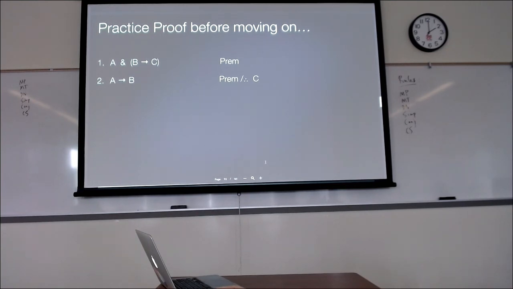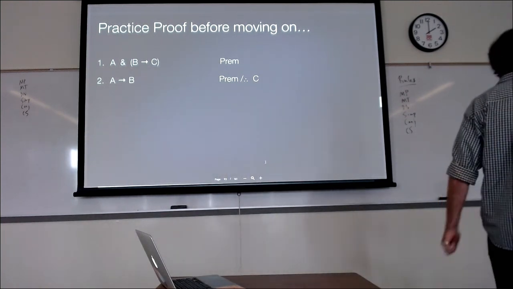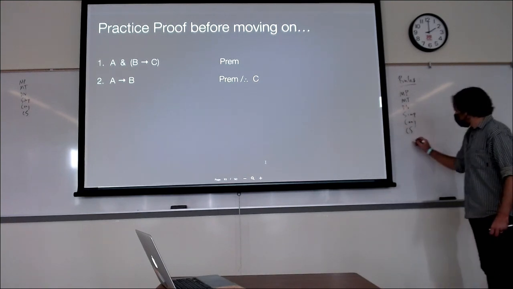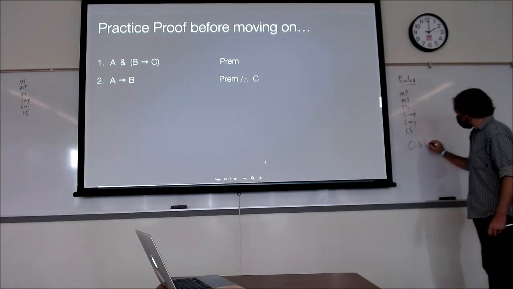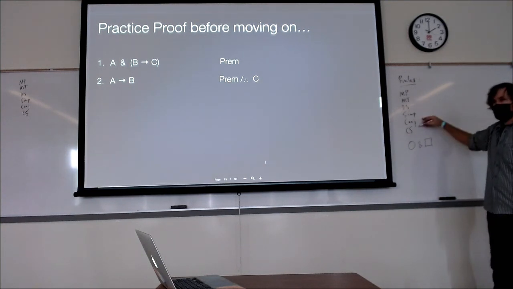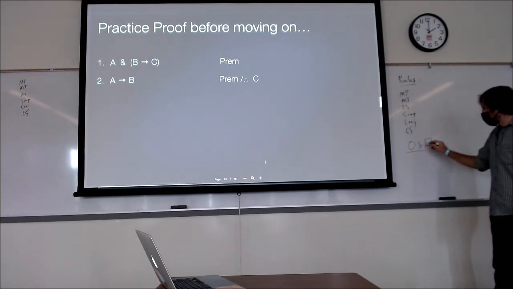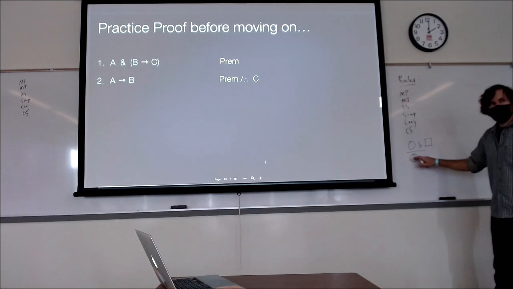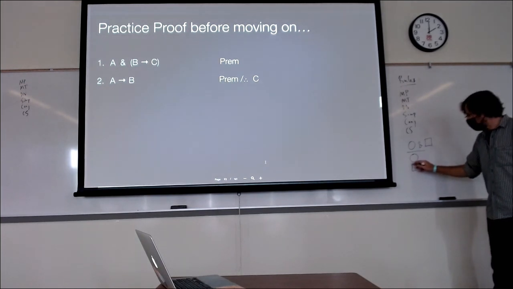Use simplification to do that. Let me write down simplification really quickly. Simplification is if you have circle and square. It's always a good idea to write down all the rules, not just the names here, but write down the forms of those rules, memorize them. Circle and square, you can break that down into circle. You can also break it down into square.